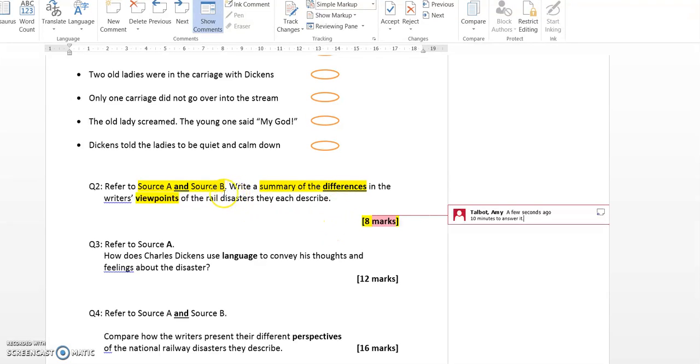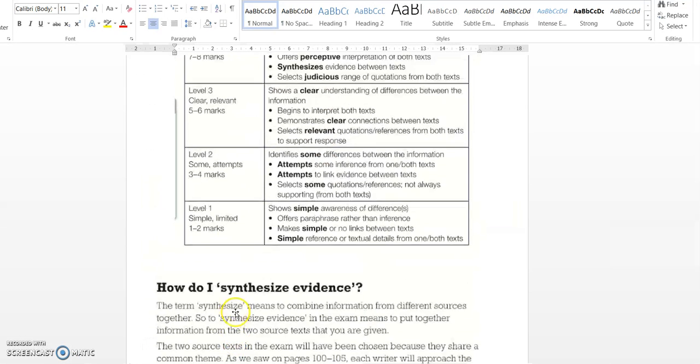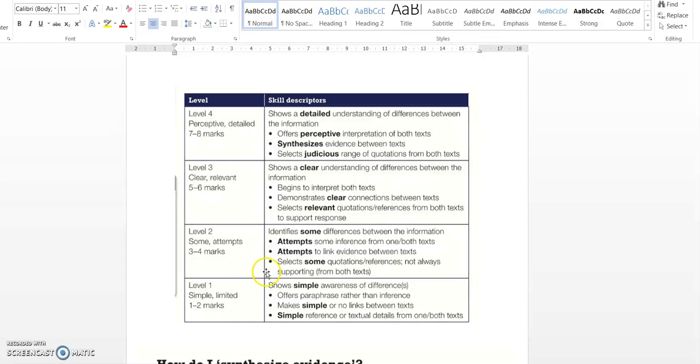Okay, so just before I get into looking at the extracts, I just wanted to show you this because this is the mark scheme, specifically for this question.